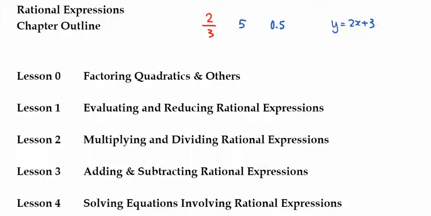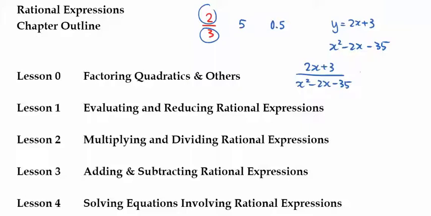Or it could be a trinomial that looks something like this. What we are going to do is to work with a combination of these things together, turning them into a fraction of two polynomials. Rational number, we have a fraction of two numbers. Rational expressions, we will have a polynomial divided by another polynomial.